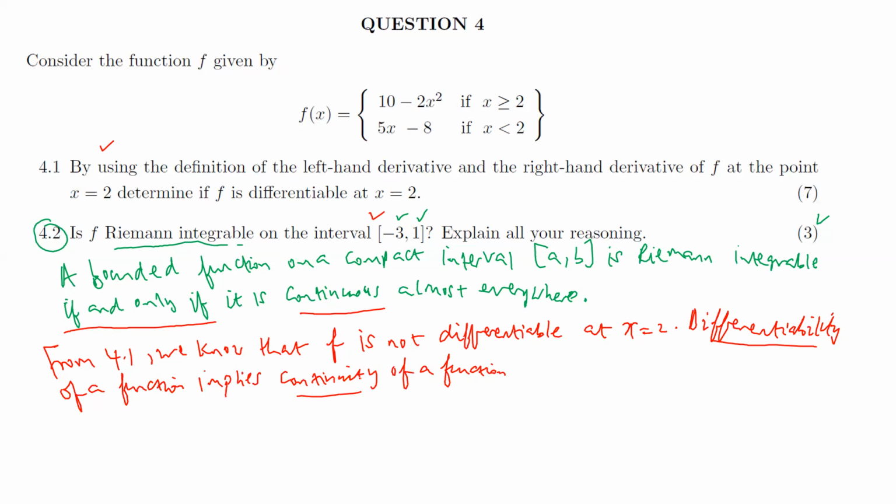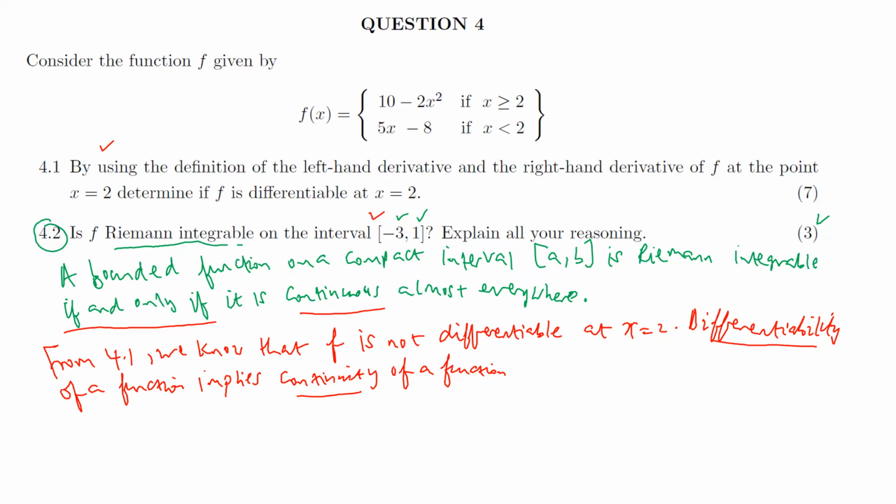And then you can look at other negations and other contrapositions of this statement. But we know that this function is not differentiable. So, but you see, if it's not differentiable, then we have nothing to say about continuity.